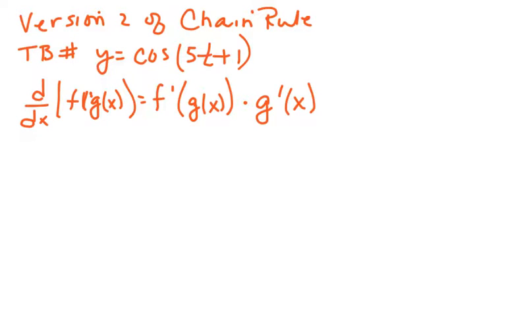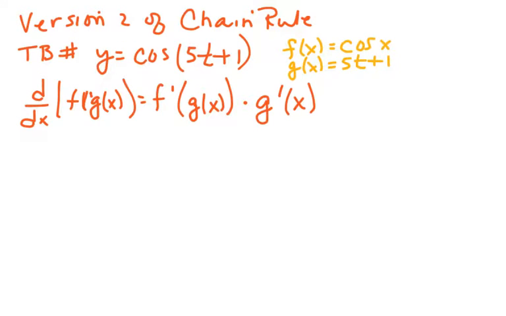So let's look at the example y equals cosine of 5t plus 1. This is a composite function, and your outer function, or your f of x, is equal to cosine of x, and your g of x is equal to 5t plus 1.